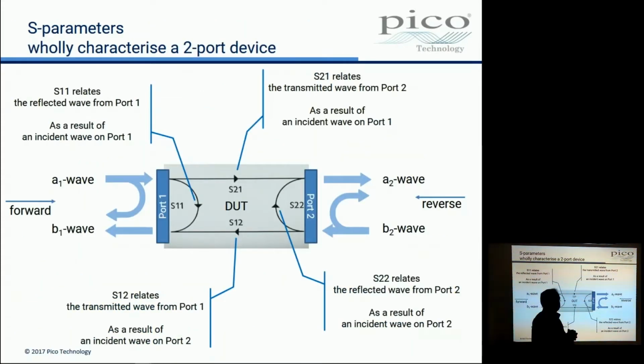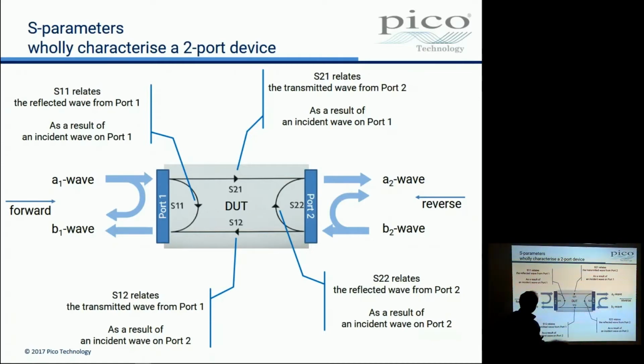So this is the diagram that we alluded to right at the beginning of the part 1 presentation the other day. This diagram sits on the front of the VNA. It's always there to remind us of what the scattering parameters are and how they relate to the ports.